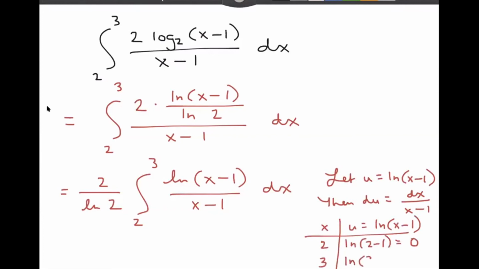And the new upper limit will be natural log of 3 minus 1, which is natural log 2. So our new and greatly improved integral is going to be, so we'll leave this constant outside. It's going to go from 0 to natural log 2, and believe it or not, it's just going to be u du. Isn't that cute?